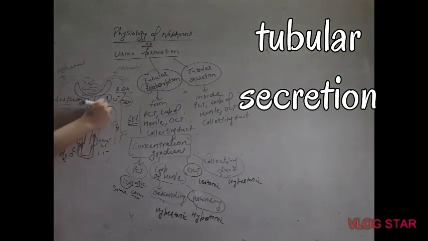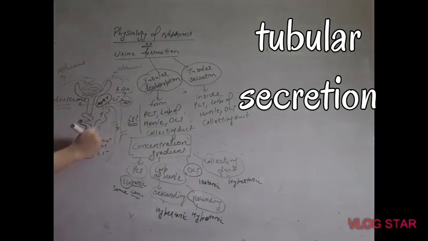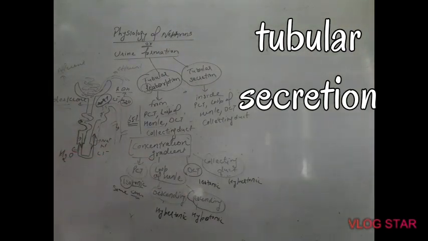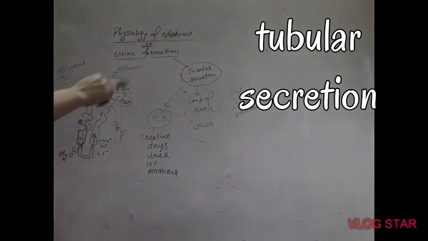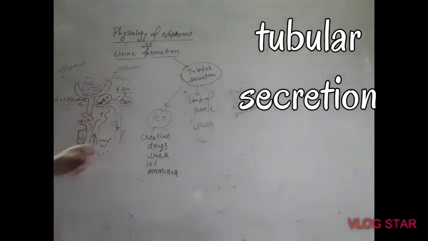So these waste materials are secreted by these tubules, and after this third step is completed, it forms a concentrated hypertonic urine. This tubular secretion takes place in all the tubular parts of the nephron: PCT, loop of Henle, DCT and collecting duct.